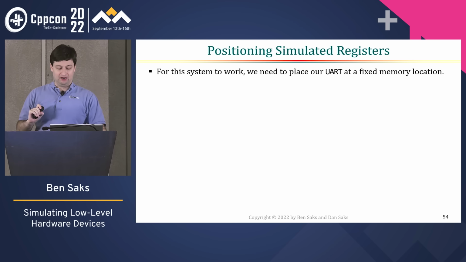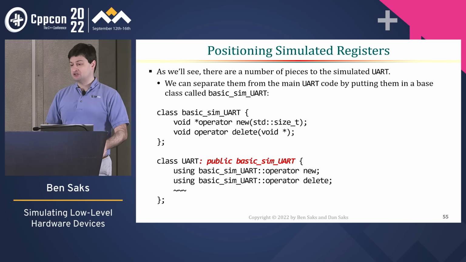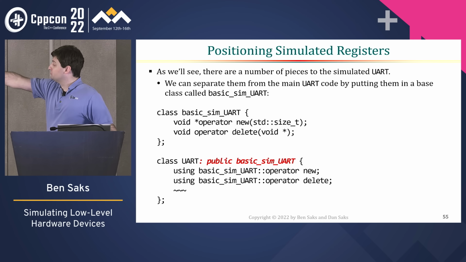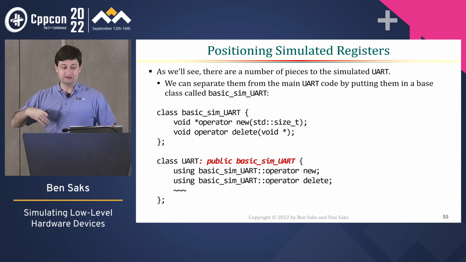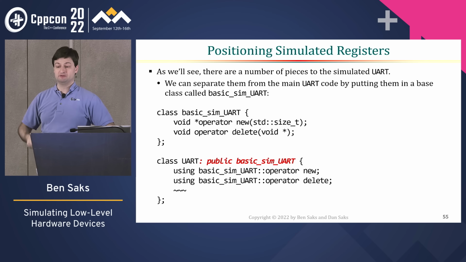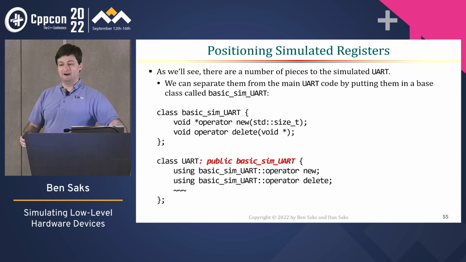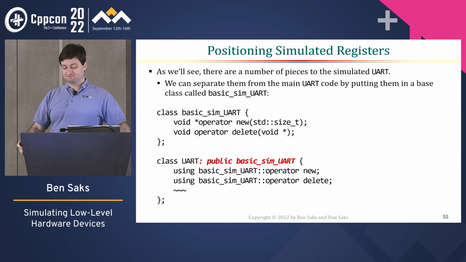Now, there are actually a number of pieces to writing the simulated UART, as we'll see. So very quickly, as I was putting this together, I realized that I wanted to be able to keep that separate from the main UART code. And the way that I chose to do that was by creating a base class called basic sim UART, taking the standard library convention of using basic as the generic name for something, although in this case it's a base class, not a template.